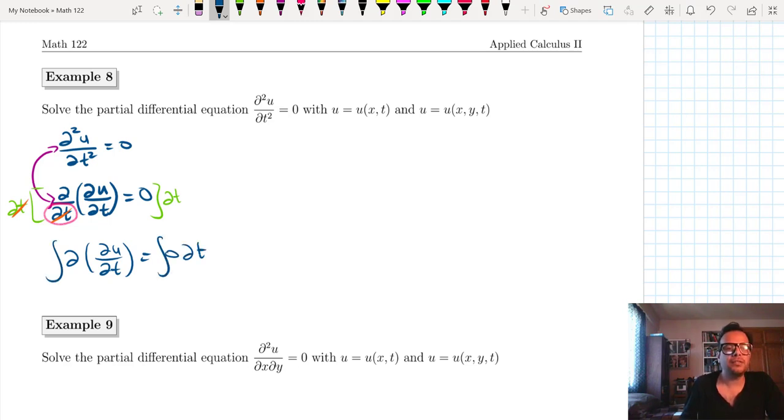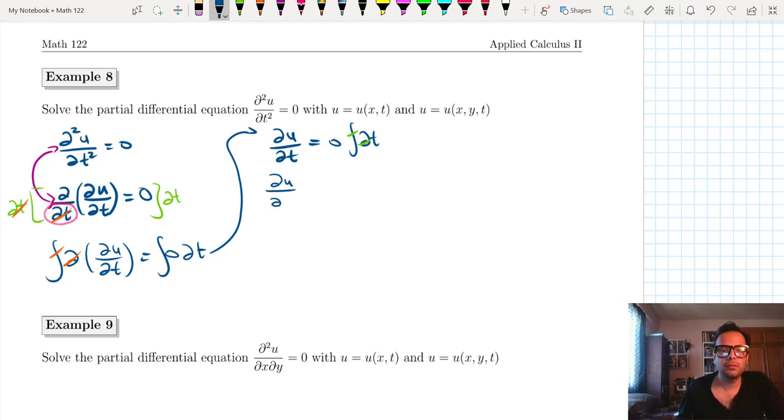Now we integrate both sides, and the integral cancels with the partial, to get partial u with respect to t equals 0 times the integral of dt, which will be 0 times t plus, let me call this C1.